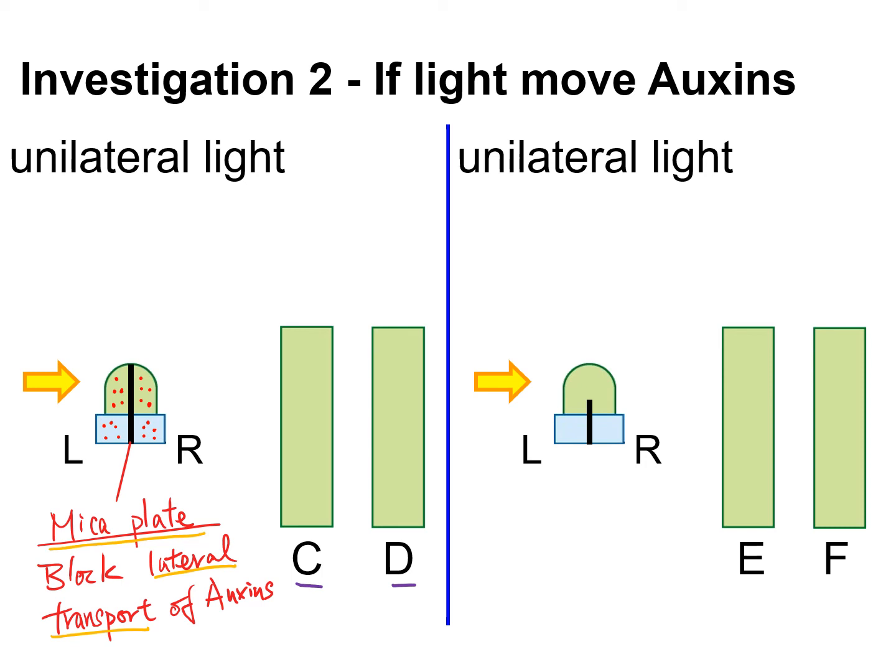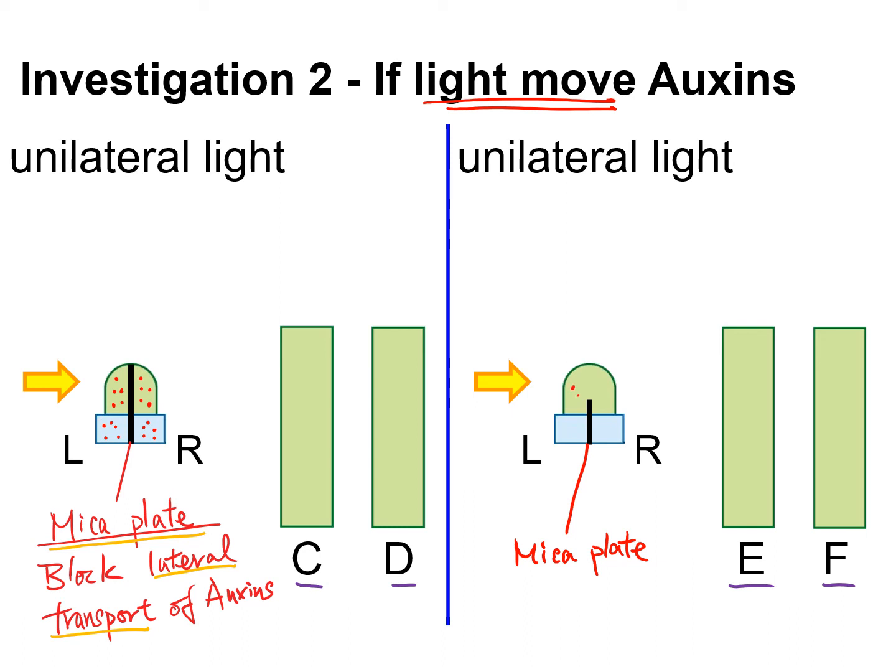In the other setup, E and F, you are going to put the tip on top of the agar. However, this time, the mica plate in the middle is not separating the left and right side completely. Therefore, if the light really can move auxin, some of the auxin might move to the right-hand side.